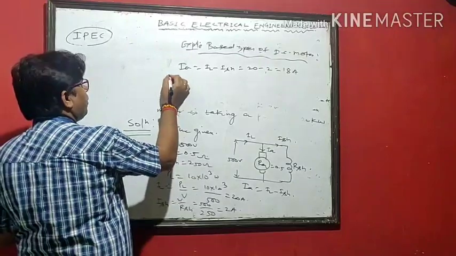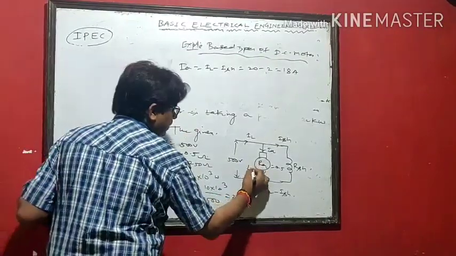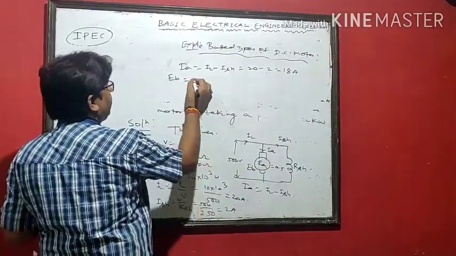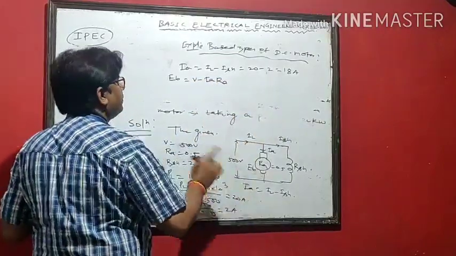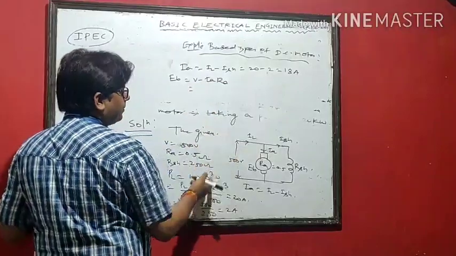And what is the relation for back EMF? Here this is your back EMF. The EB equal to V minus IA RA. No brush drop is given, so neglected.